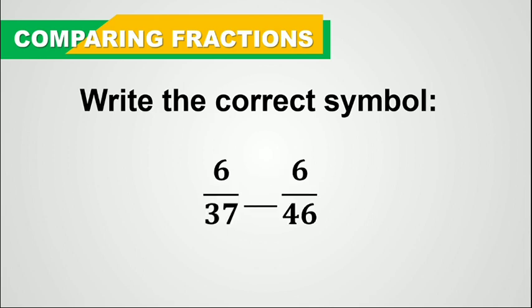Now what about if they have the same numerators but different denominators? If this is the case, all you need to remember is that the fraction which has the lesser number in the denominator is the greater one. So in this case, 6 over 37 and 6 over 46, 37 is lesser than 46.